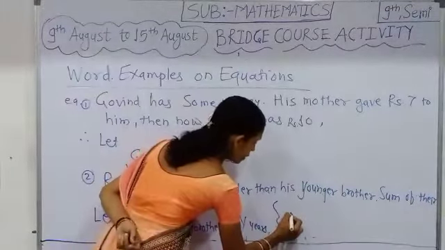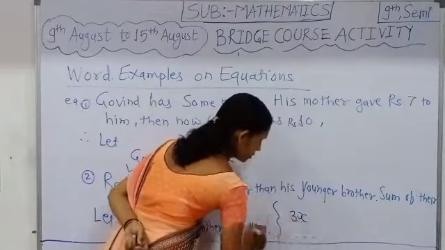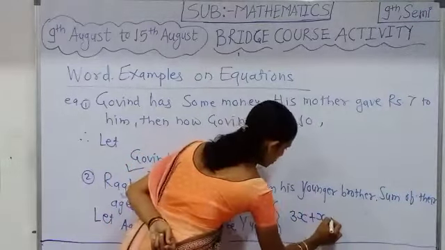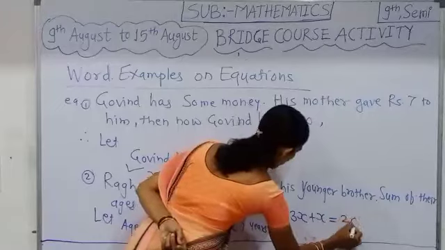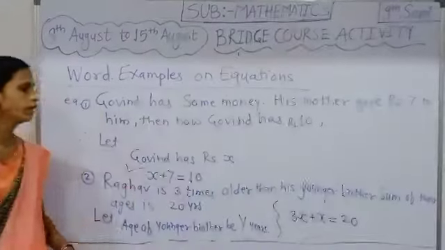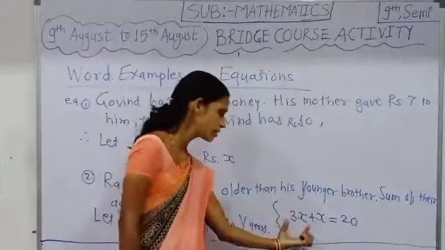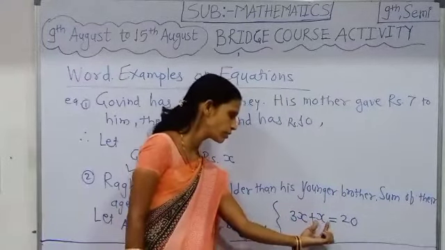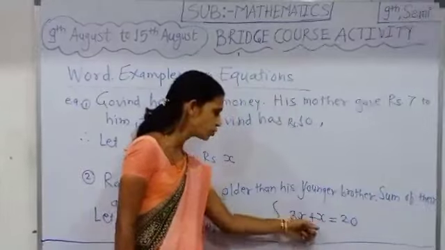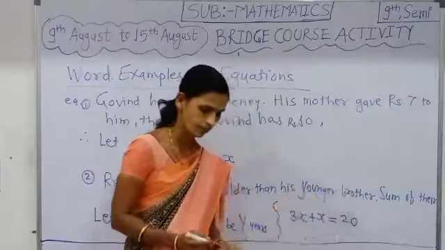Therefore, by the given condition, 3x plus x is equal to 20. Here Raghav is 3x years and his brother is x years, and the sum of the ages of both is 20.